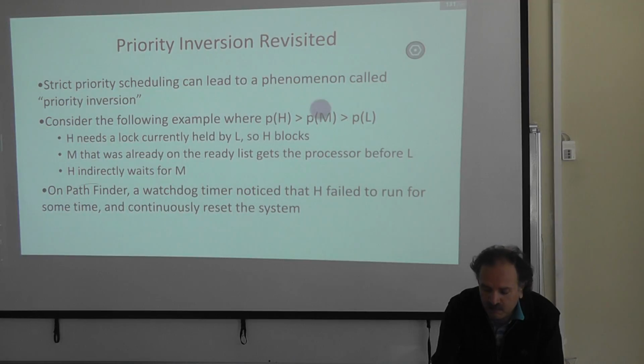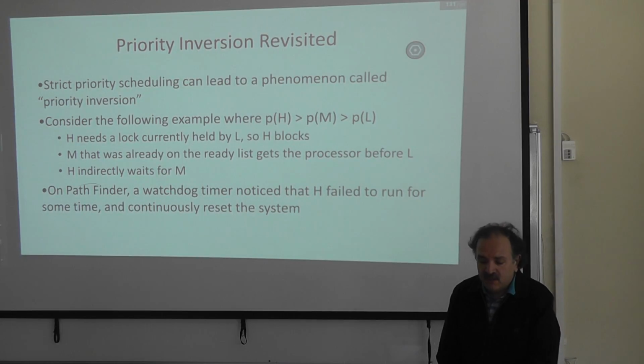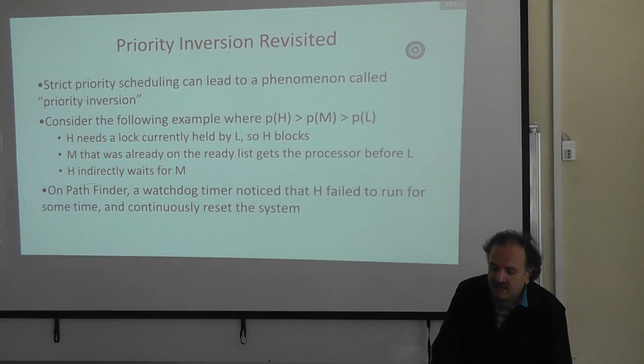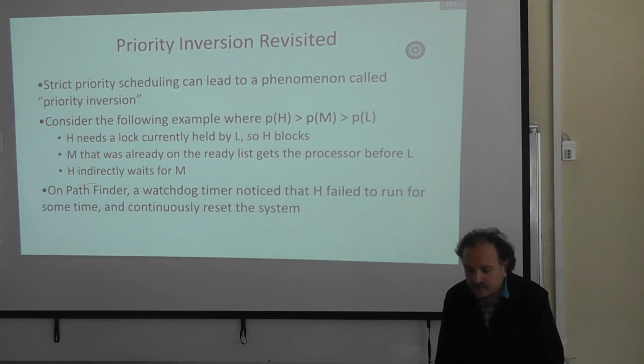So this is a CPU bound process. H is a word processor. It has to be interactive. So the word processor has to wait for M to complete this job, which will take years to complete. This is a typical case of priority inversion.